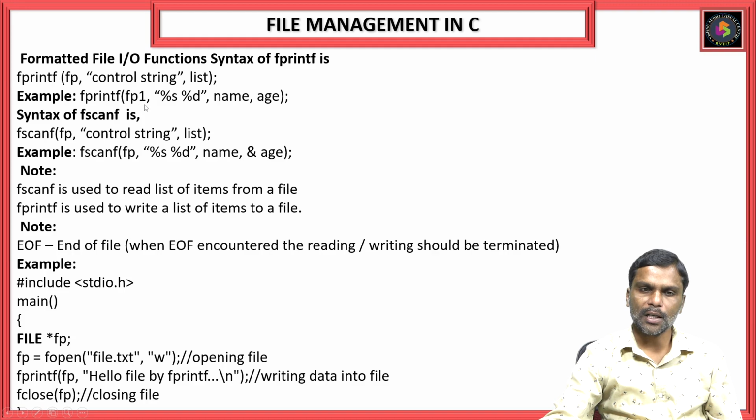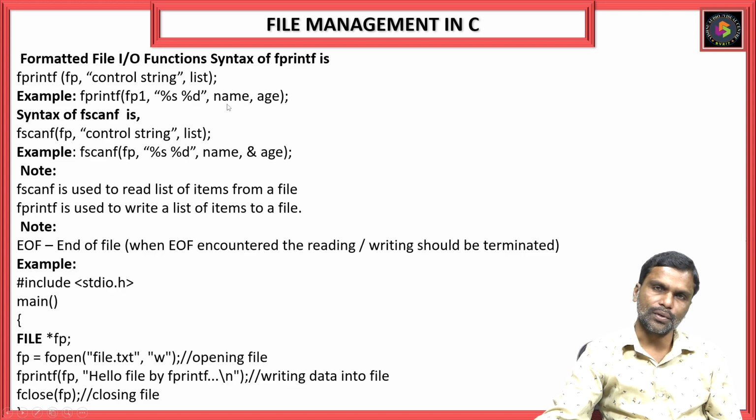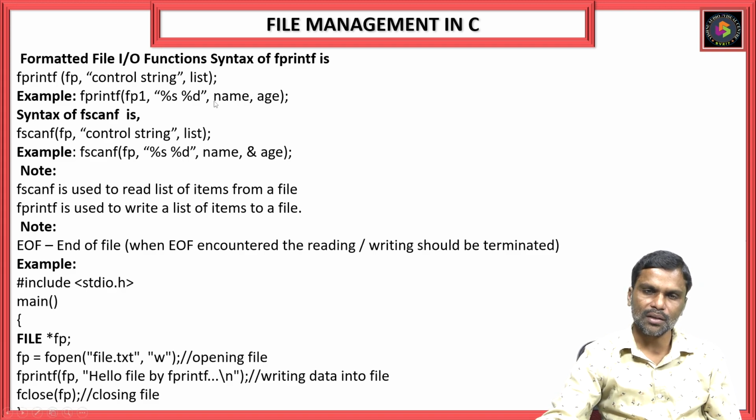the fprintf takes the file pointer, and generally the name will be a string. So we take the format specifier %s, that is the control string, and %d, as generally age is an integer. If you want to take the age as a float, that is your wish, and you can take the format specifier %f.